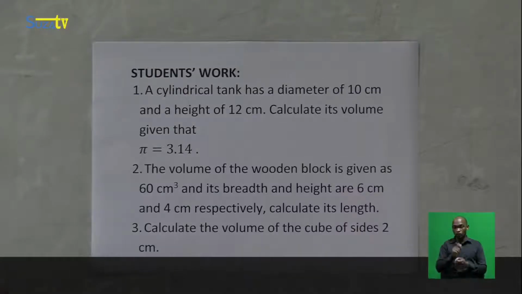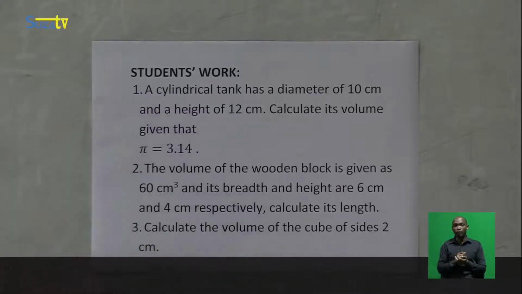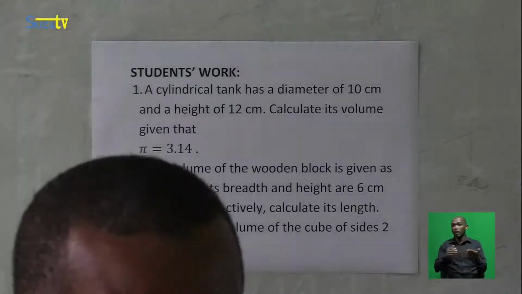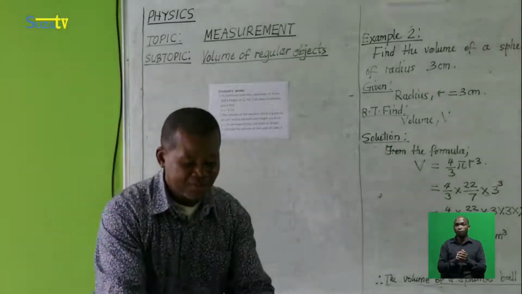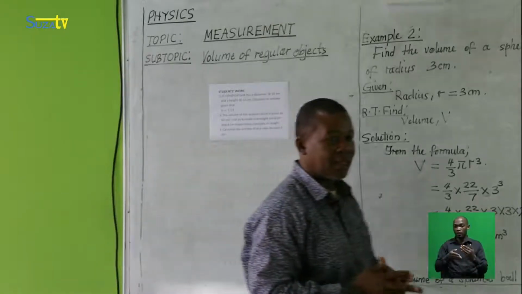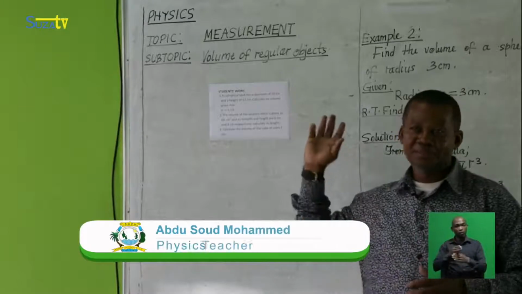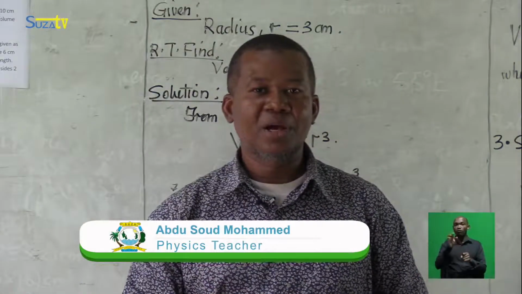We have 3 questions. 1, we have to find the volume for the cylindrical tank. 2, we have to find the length for the given wooden block. And lastly, we have to calculate the volume of the cube for the given side, a cube like this one. So here is the end of our today's lesson about the volume of the regular object.